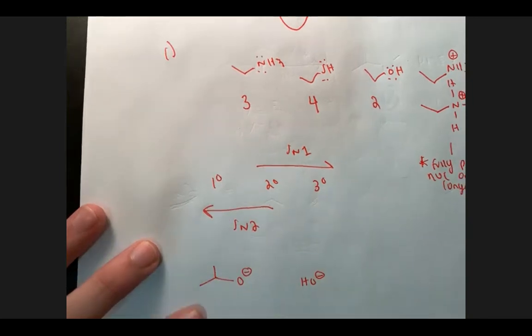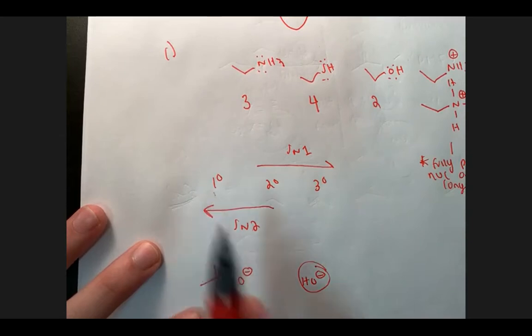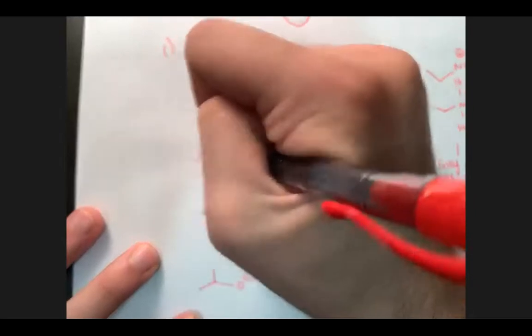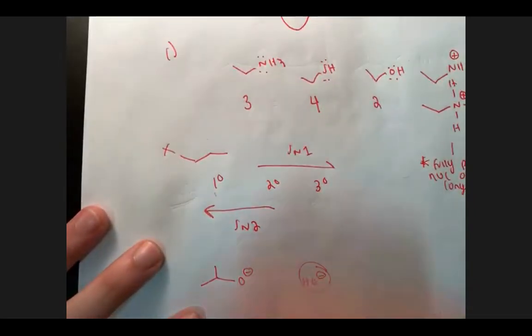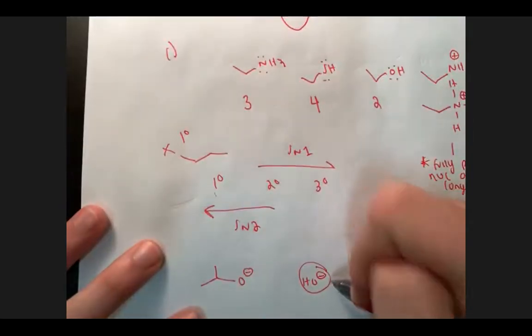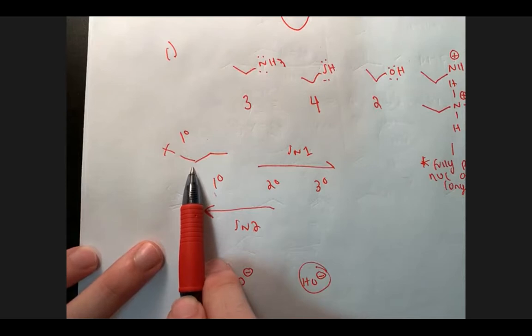Which one's better? Well, this one is so tiny that it can go near this really sterically unhindered substituent. So primary is like that, the X halide over there. So this is a primary halide. So this tiny nucleophile can reach this sterically unhindered center and break it apart.